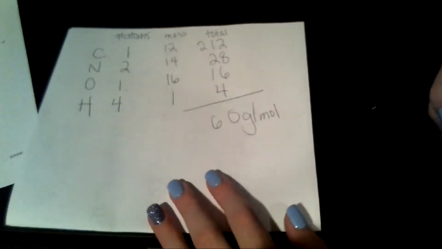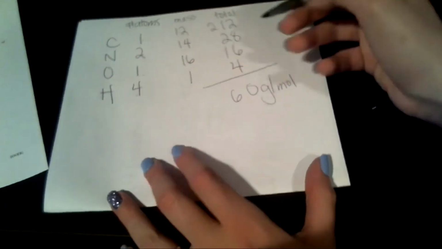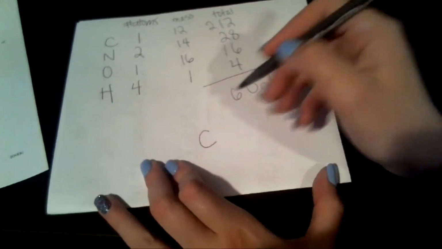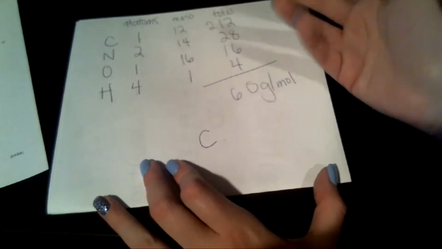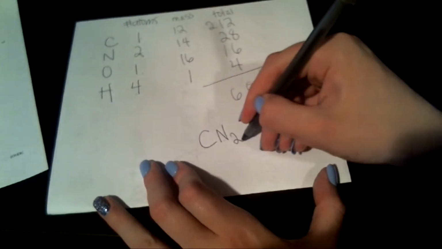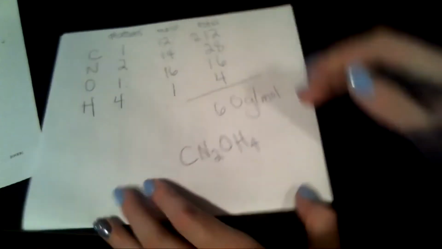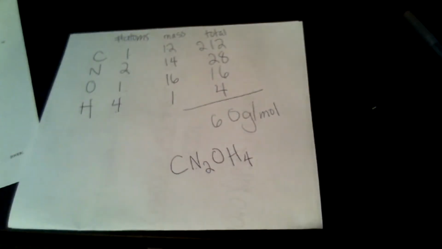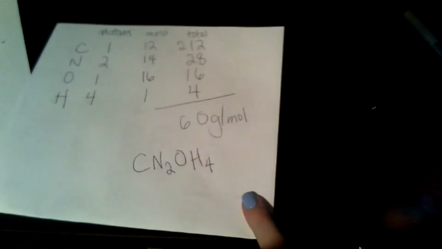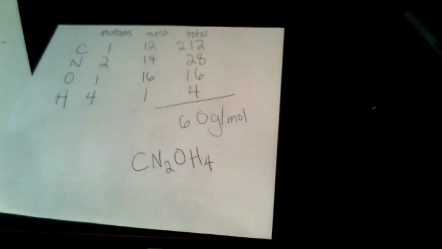Determine the empirical formula for the product. So our molecular formula, the actual formula, is C1 N2 O1 H4. Now, the empirical formula is the most reduced version of this formula.